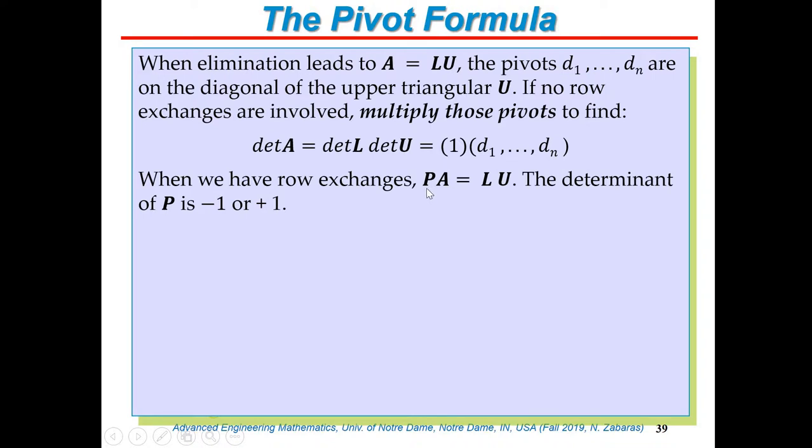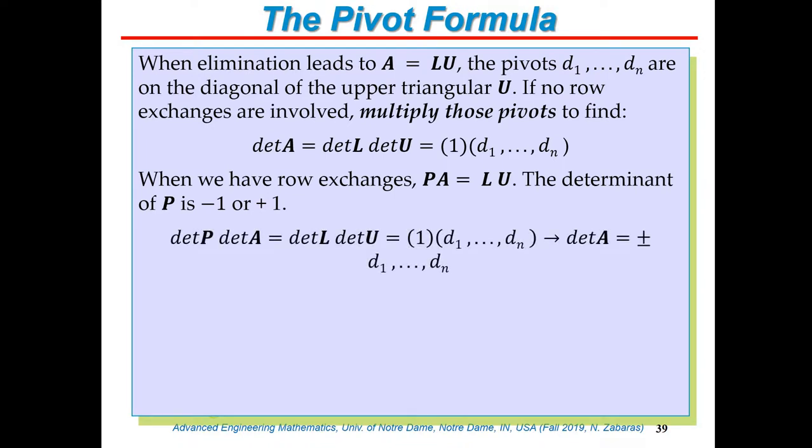And the determinant of P, as we know, is going to be plus or minus 1. So effectively, the result is going to be the product of the pivots in the factorization of A times plus or minus 1, depending if you have done any row exchanges or not.